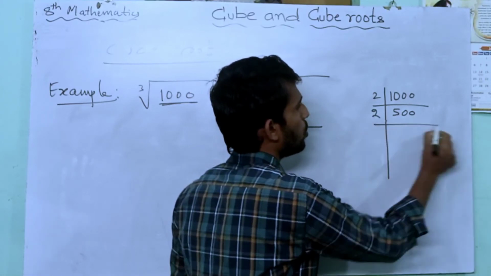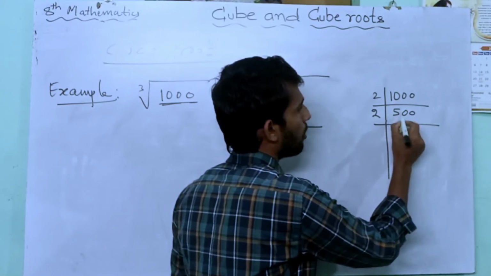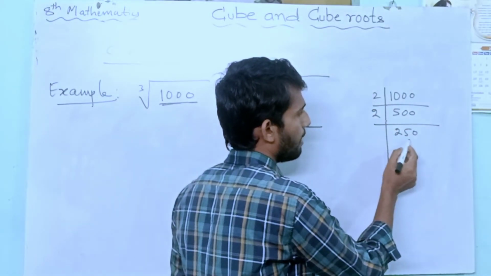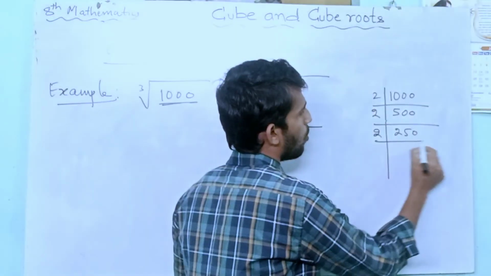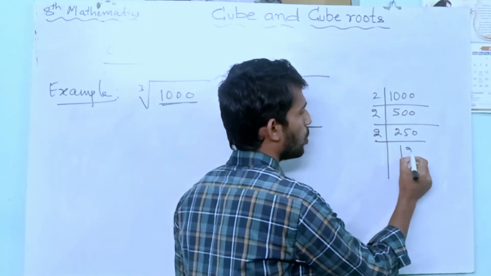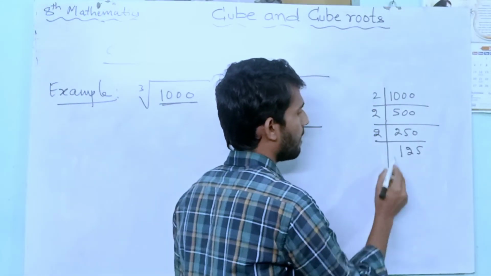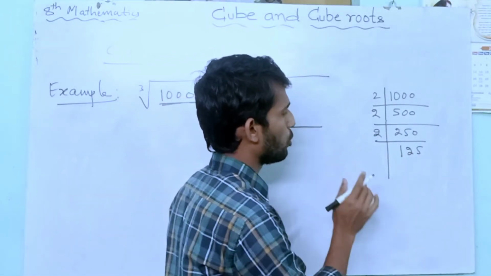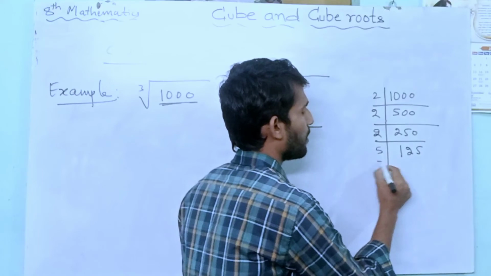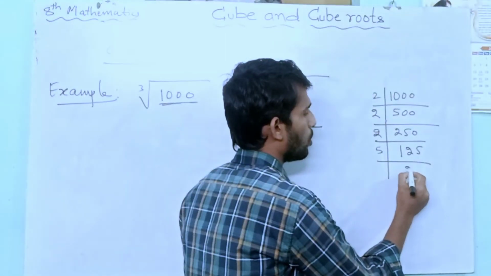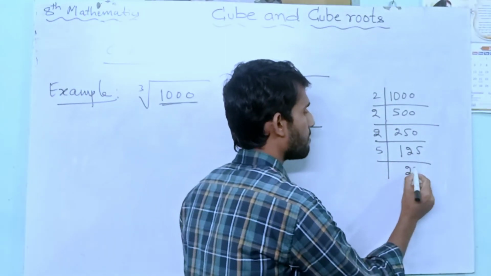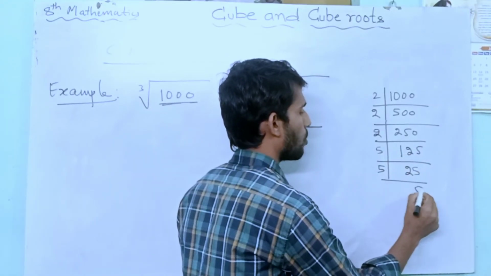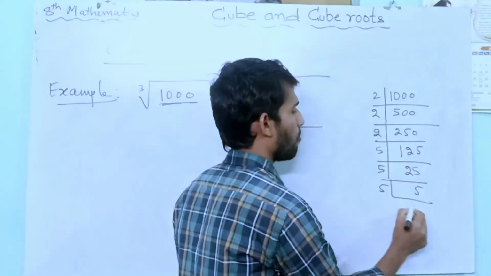Again 2 twos are 4, 2 fives are 10. Again 2 ones are 2, 2 twos are 4, 2 fives are 10. This 125 is not divisible by 2, so I am taking 5. 5 twos are 10, 5 fives are 25. Again 5 fives are 25. Again 5 ones are 5.